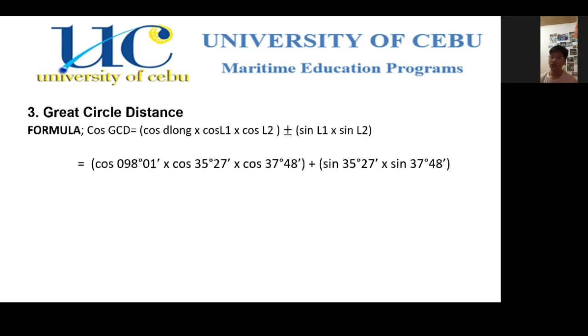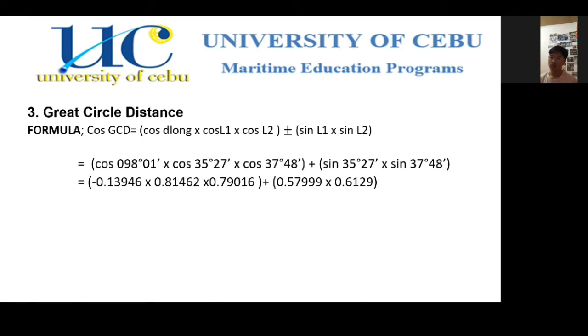Our D long would be cosine 098 degrees 01 minutes times cosine latitude 1, which is 35 degrees 27 minutes, times cosine latitude 2, which is 37 degrees 48 minutes. Plus, it is plus because the D-lat's name is the same. Like names is positive. Next is sine latitude 1, which is 35 degrees 27 minutes, times sine 37 degrees 48 minutes.